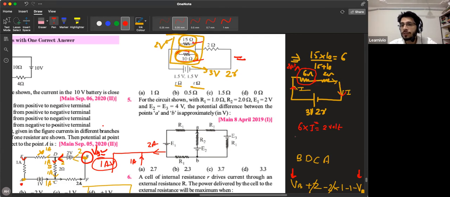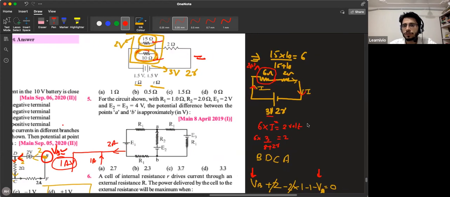So the voltage drop across 6 ohm is 6 into I, which is equal to 2 volt. How to calculate this I? I is voltage, which is 3, over total resistance, which is 6 plus 2, 8, plus total internal resistance, which is 2R, and this is equal to 2. So you get this equation. From this equation, you can say 18 by 8 plus 2R is equal to 2.